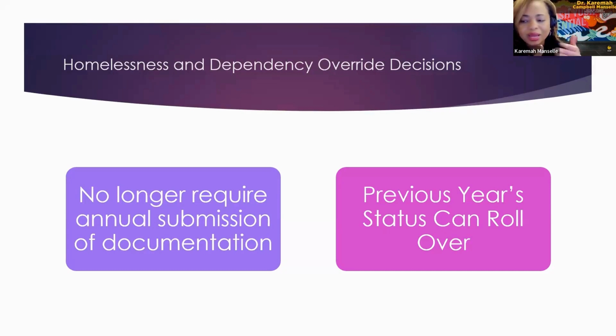Each and every year they had to say, this is still my situation. With the FAFSA simplification, that is no longer the case. A student no longer has to do that annual submission of additional documentation. The previous year's status can roll over.